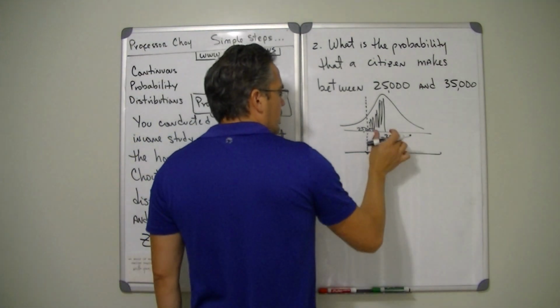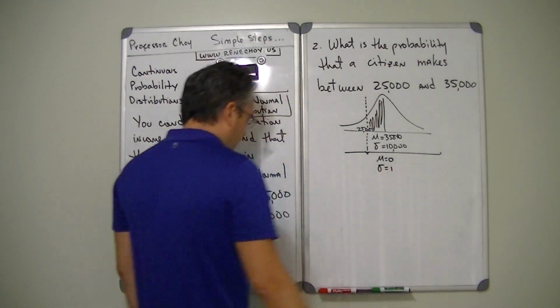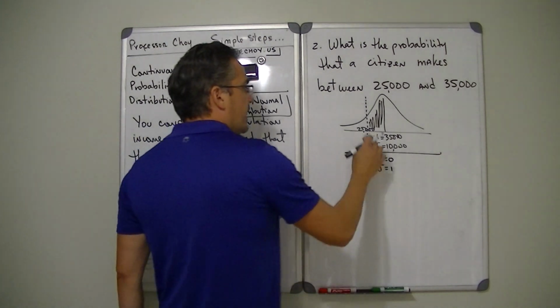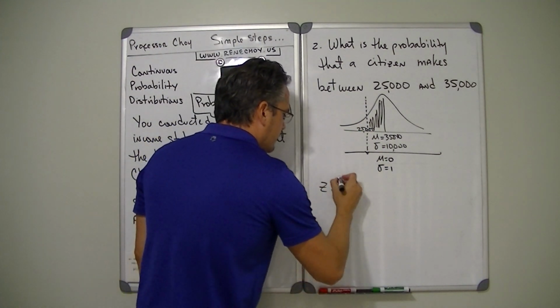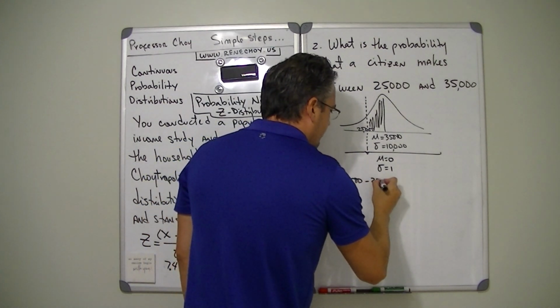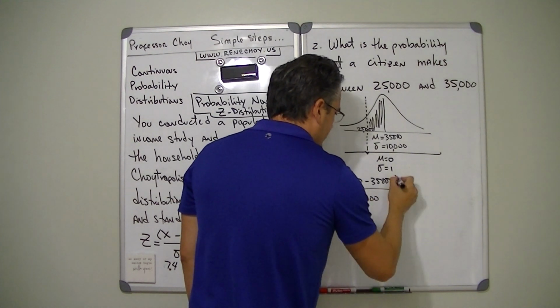So mu is going to become 0, sigma is going to become 1 when we use this to standardize it into z. Then we got to standardize that 25,000. So z equals 25,000 minus 35,000 divided by 10,000.